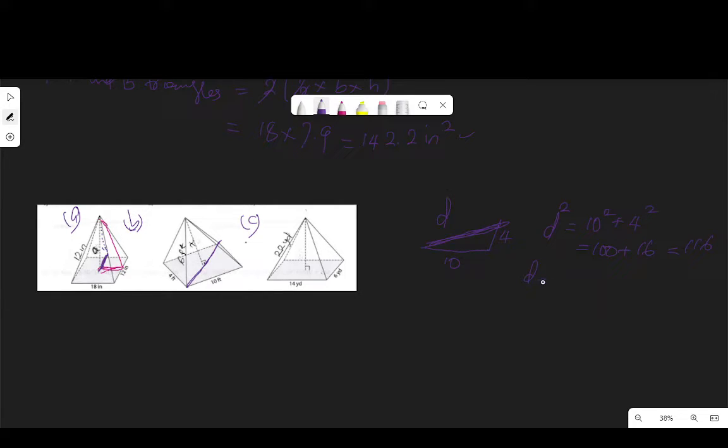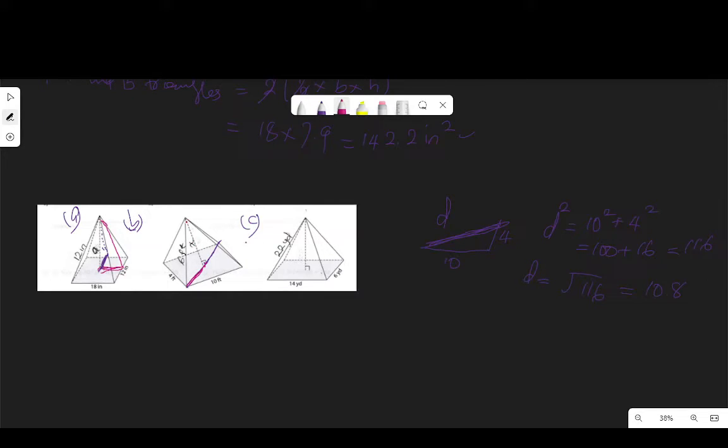D will be square root of 116. Square root of 116 is 10.8 approximately.